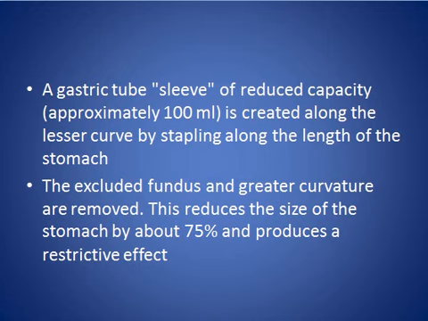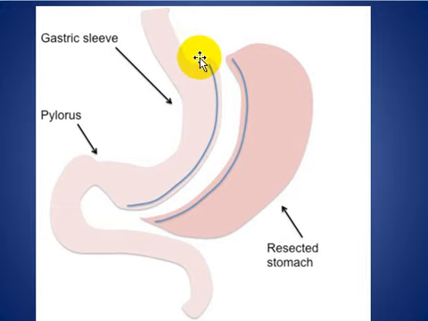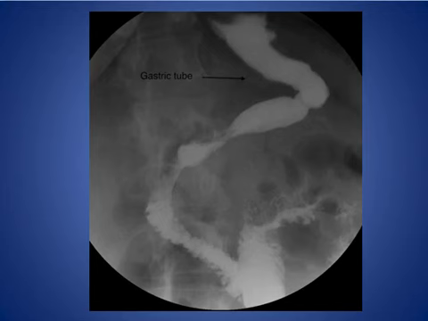This procedure reduces the size of the stomach by about 75%, and it has a restrictive effect. And we see here this is the gastric tube along the lesser curvature, and this is the stapler, and this part of the stomach is resected and removed, with normal passage. And this is a restrictive type of gastric surgery.